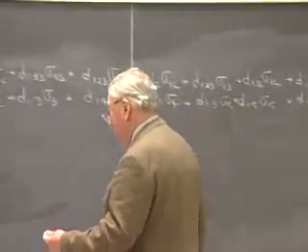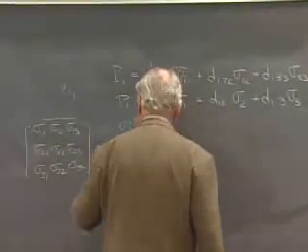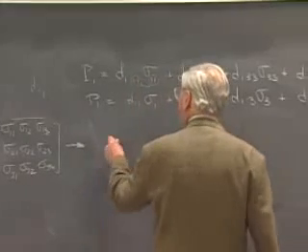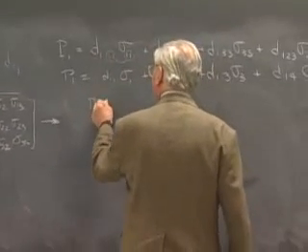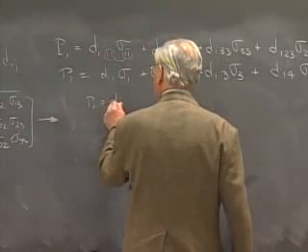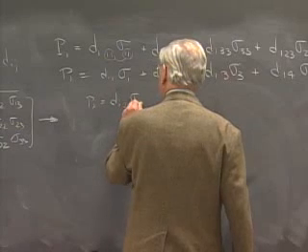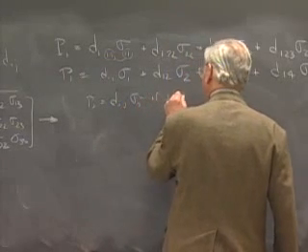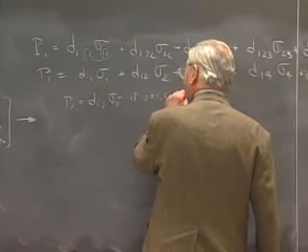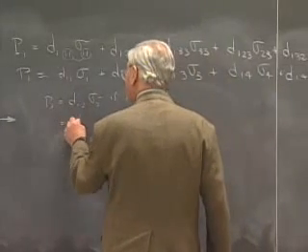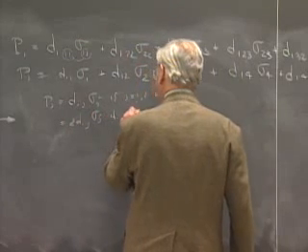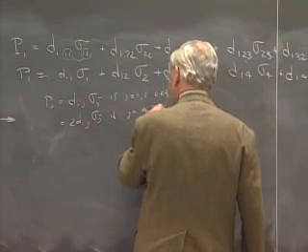Okay, now we have to make a choice. Either we are going to have, in a general matrix relation, that P sub i is equal to Dij times sigma j, if j is equal to 1, 2, or 3, but it's equal to 2 Dij times sigma j if j is equal to 4, 5, or 6.